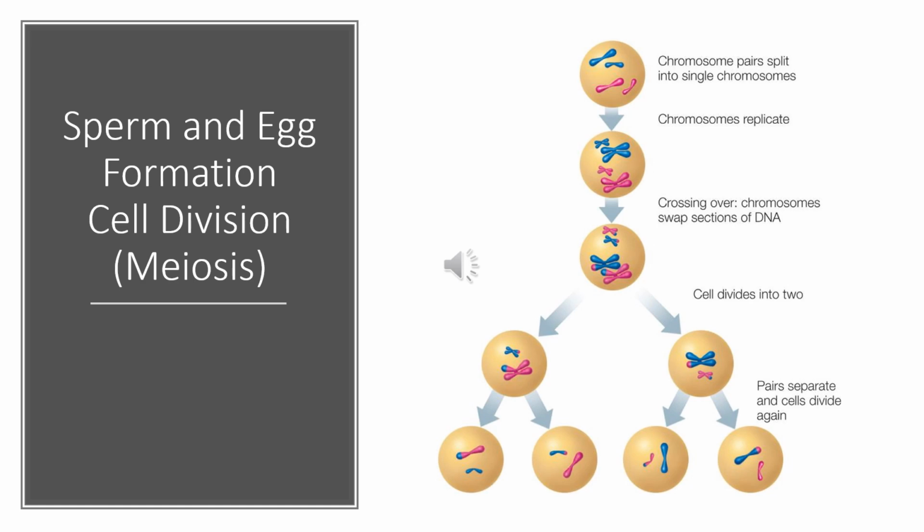In females, only 1 of those becomes an egg, and the others are just polar bodies that eventually degenerate. And then the other piece to know is that gametes only contain 23 chromosomes, so no pairs, right? Just a single version of each of the 23 chromosomes, so that at the time of conception, when a sperm and egg come together, then there can be a combined 46 chromosomes, or 23 pairs.